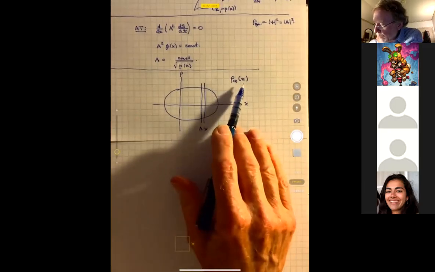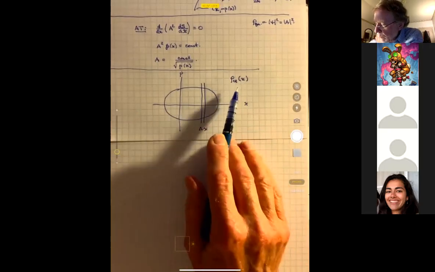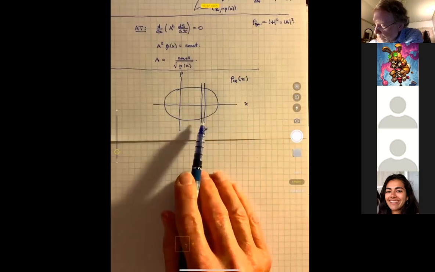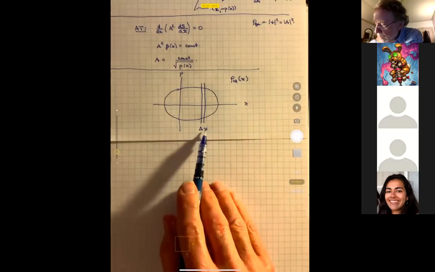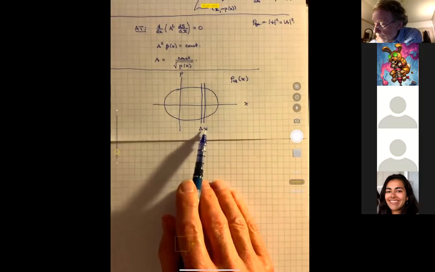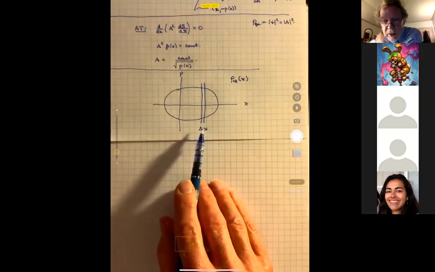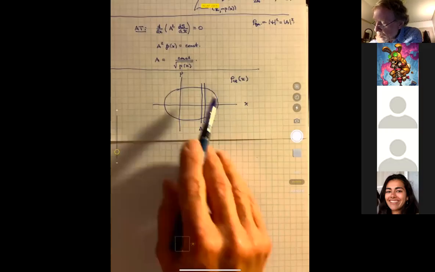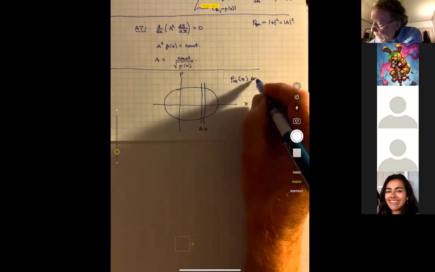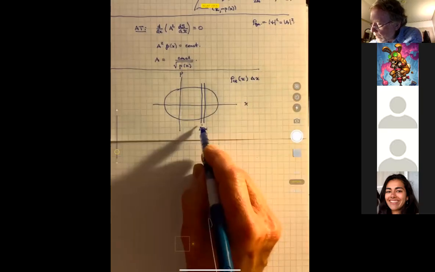And I'll say it in words first. The probability distribution is defined in the following way, so that the probability of finding the particle in some small interval delta x, or in any interval really, is equal to the fraction of the time that the particle spends on that interval as it goes around its orbit. So if I take rho classical of x delta x, that's the probability of being on that small interval.